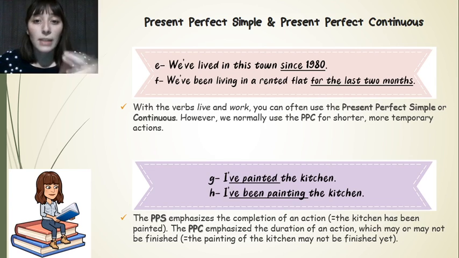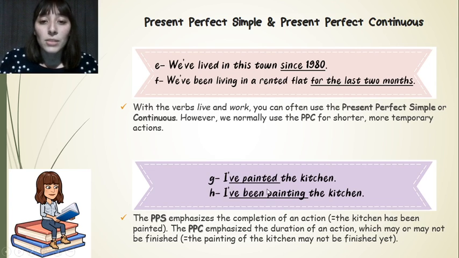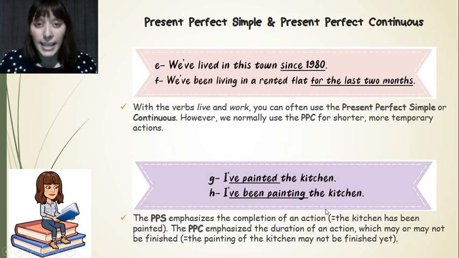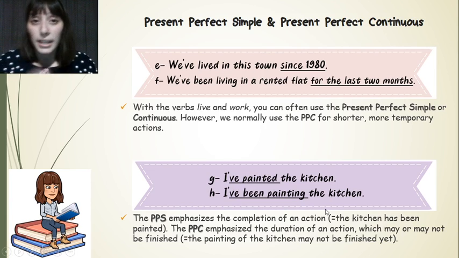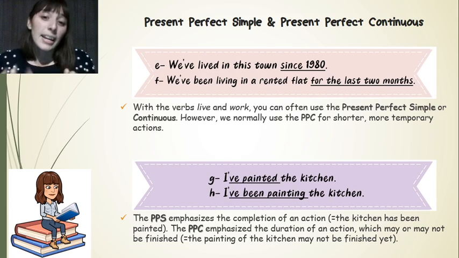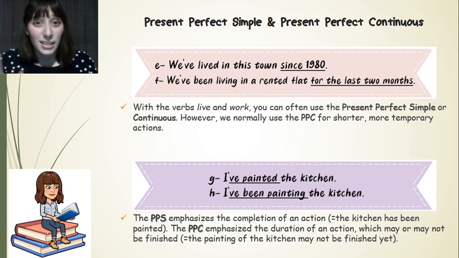The person has already painted the kitchen. And with present perfect continuous, in example H, I've been painting the kitchen, it emphasizes the duration of the action, and we don't know if they have already finished painting the kitchen. So maybe the action continues.